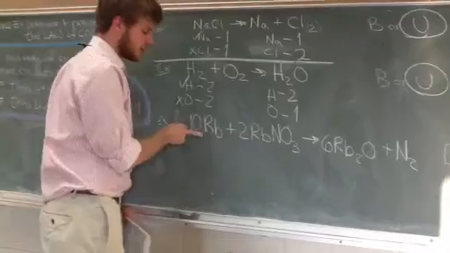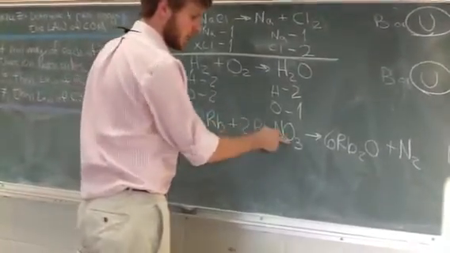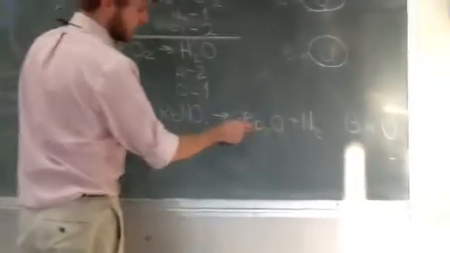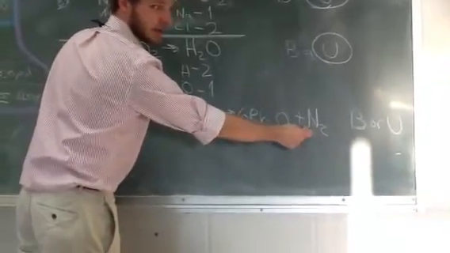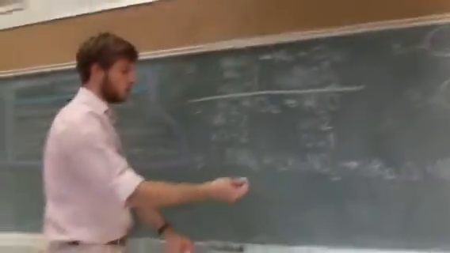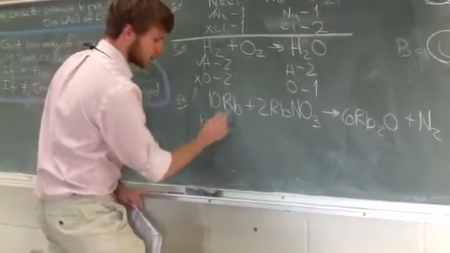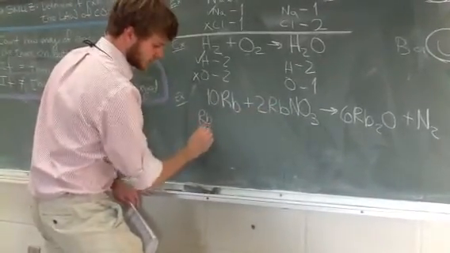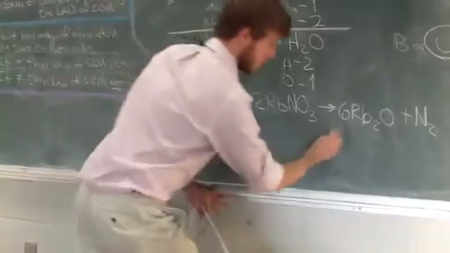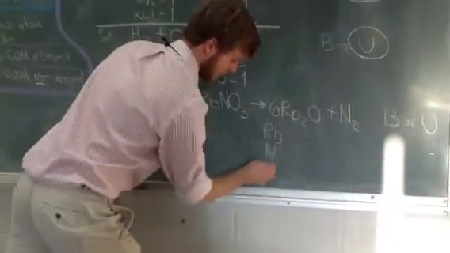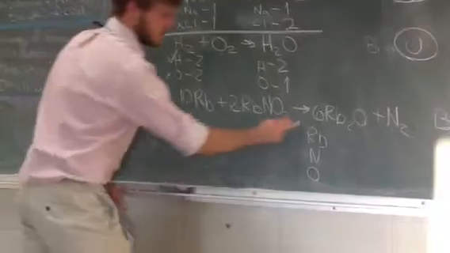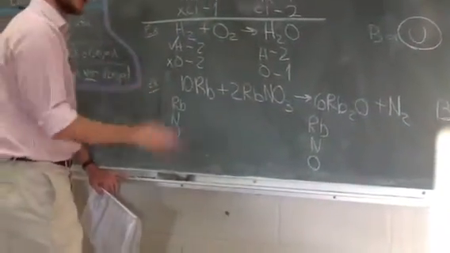A little bit different. 10 rubidium plus rubidium nitrate makes rubidium oxide and another diatomic gas, nitrogen gas. Well, we do the same steps. Which atoms do we have on both sides? We've got Rb's, we've got N's, and we've got O's. Rb, N, and O. And notice I always write them in the same order. That way it's easier to cross-check.